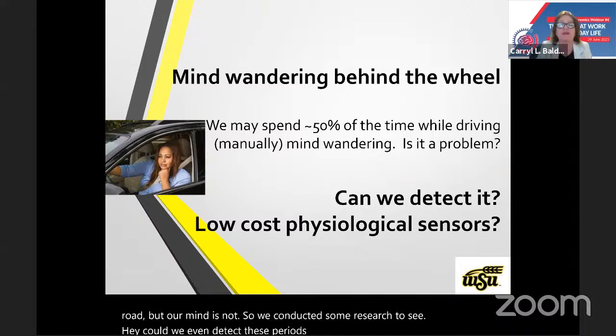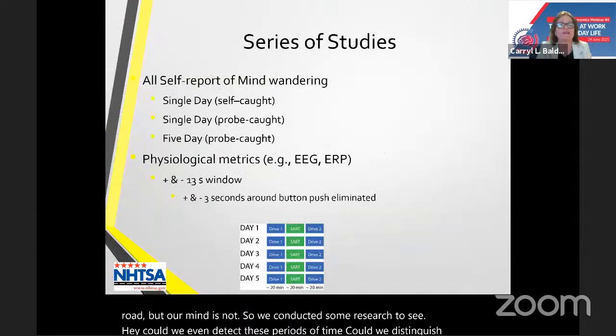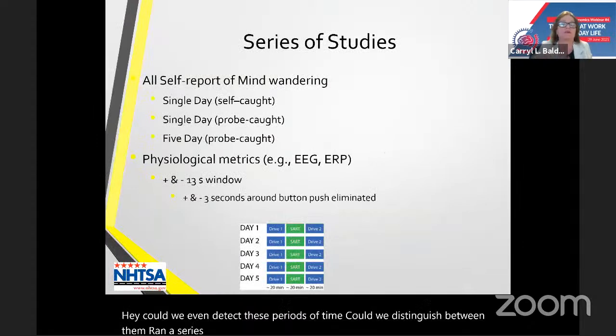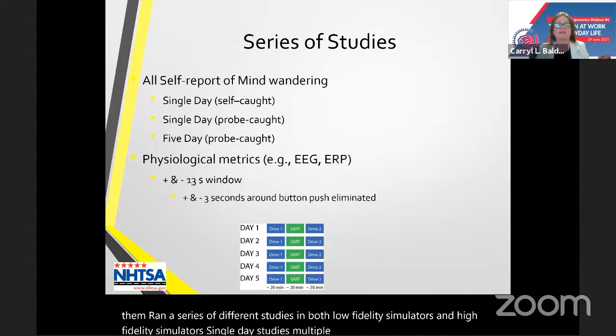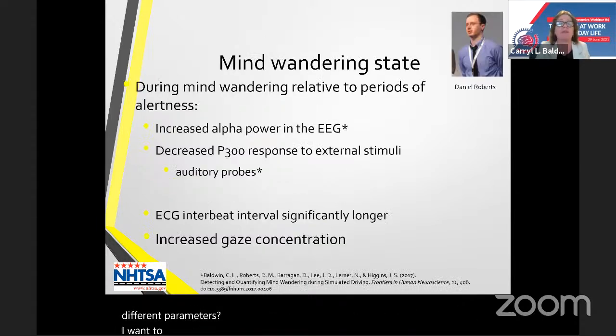Could we distinguish between them? We ran a series of different studies in both low fidelity and high fidelity simulators, single day studies, multiple day studies, using a variety of different parameters. I won't have time to go into all that, but basically we did have some success.